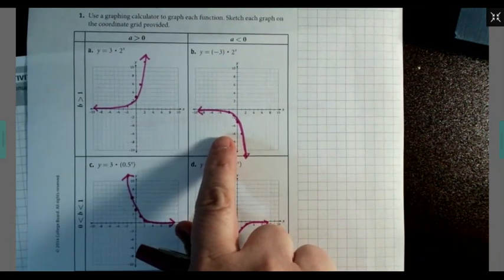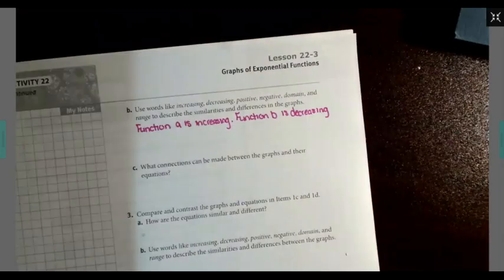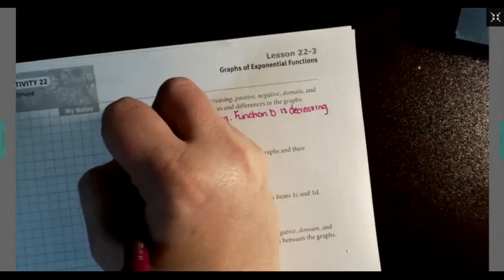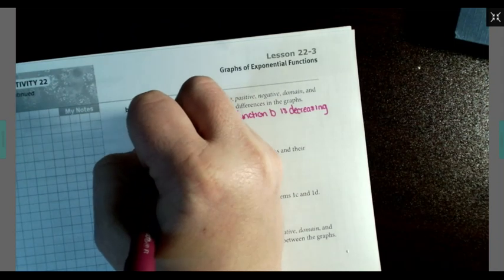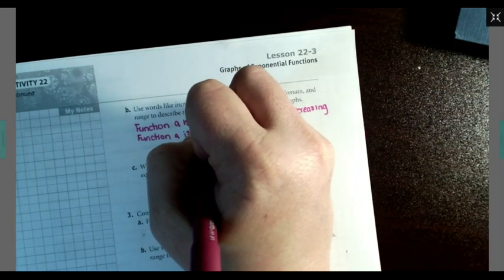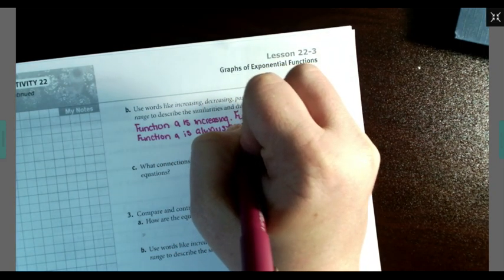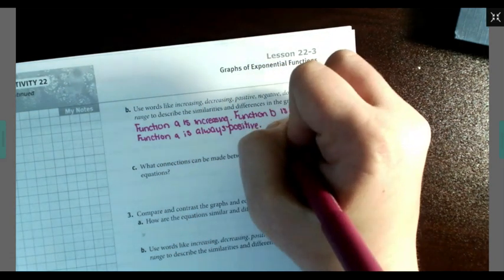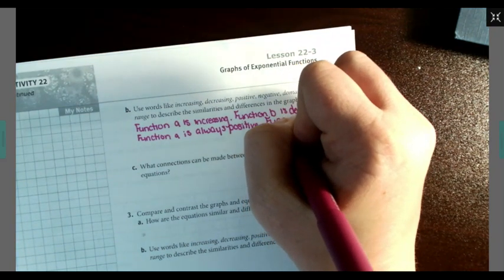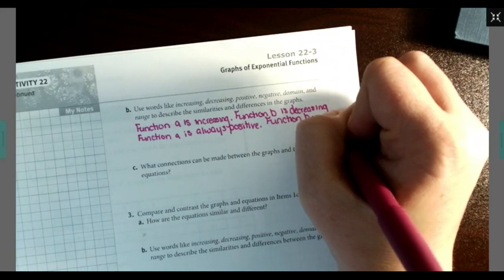In this picture, your y values are always negative. Function A is always positive. Function B is always negative.